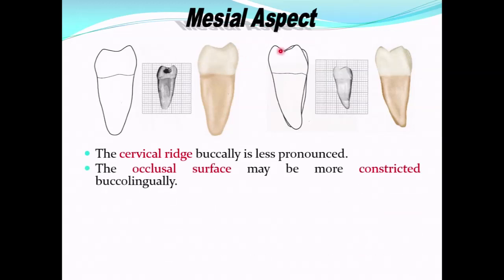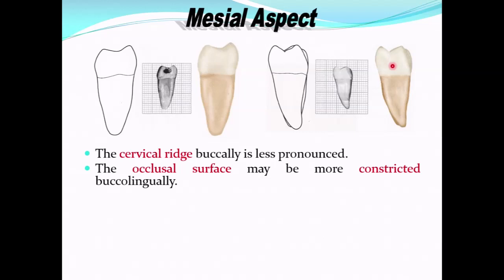The occlusal surface is constricted buccolingually. So the distance from here to here is less than that from here to here. Look at the occlusal surface: the distance from buccal to lingual, which we call the buccolingual dimension of the occlusal surface, is more in the first molar than that of the mandibular second molar.